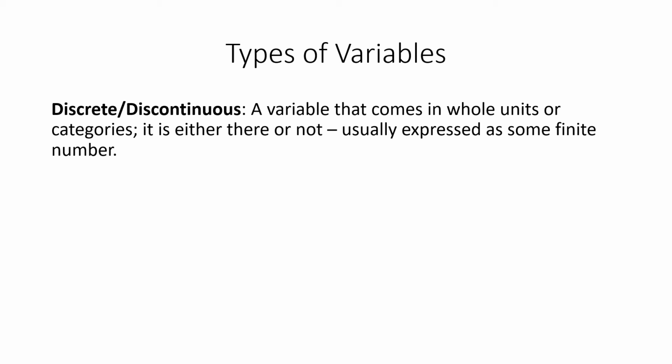Any variable that only can come in whole units or specific segmented parts of units, I'll come back to that in just a second, is considered discrete or discontinuous. It's either there or not there, usually expressed as some finite number.